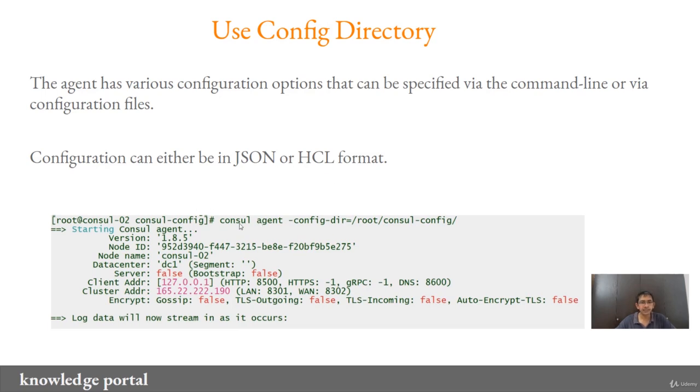In this screenshot, you have consul agent, you are specifying -config-dir, and the path where your configuration directory is present, which is root consul-config, which in turn contains the appropriate configuration file in either JSON or HCL format. Let's have a quick demo, post which we'll be discussing things in more detail.